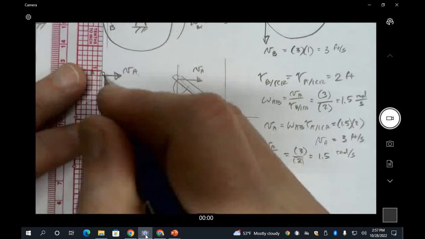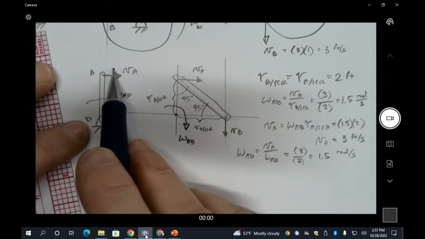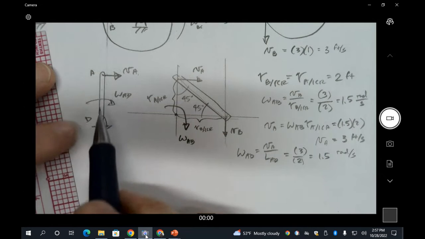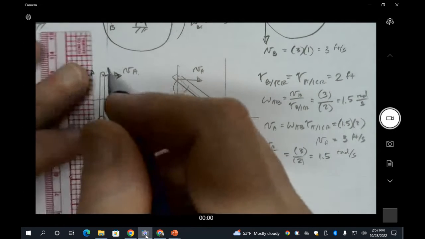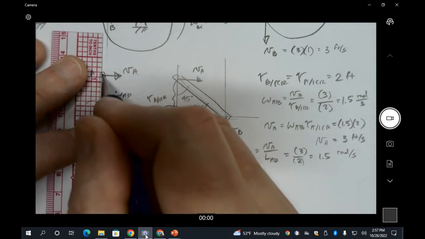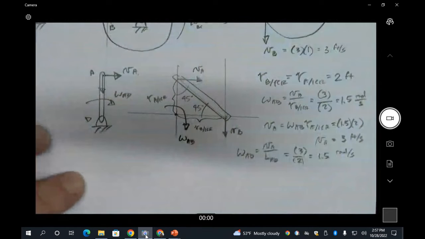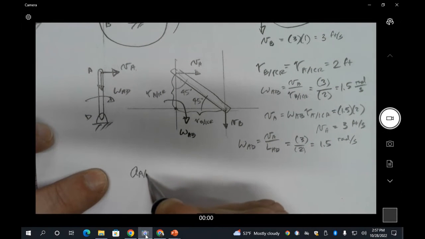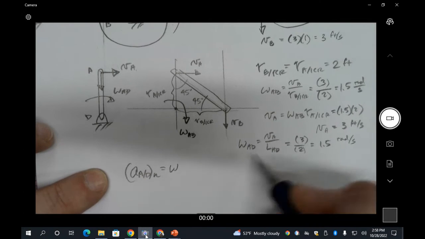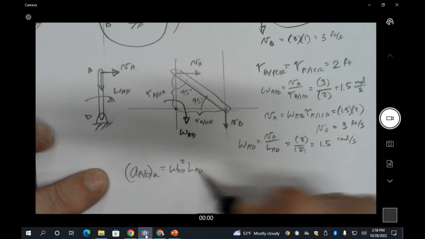One key thing here is we don't know the tangential, we don't know the angular acceleration of AD, but we do know its normal acceleration. It's going to be down, right? So the acceleration of A with respect to D in the normal direction is going to be omega AD squared times LAD.